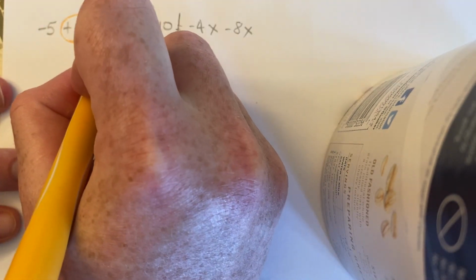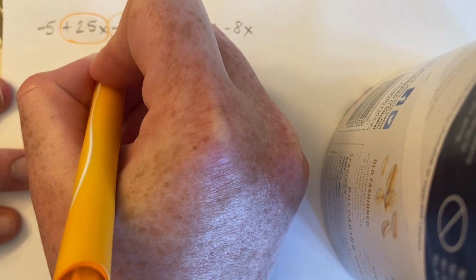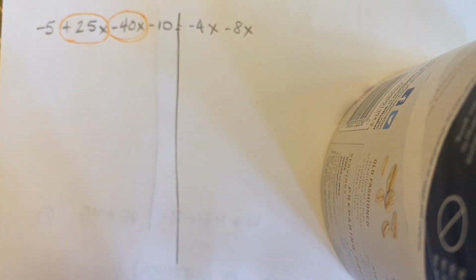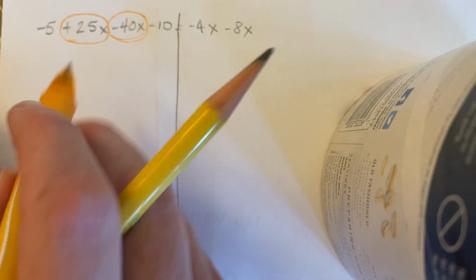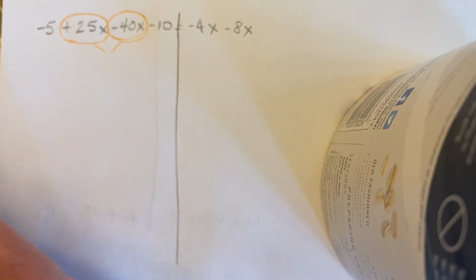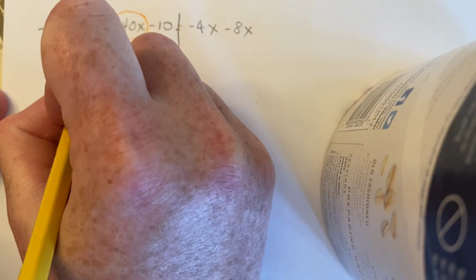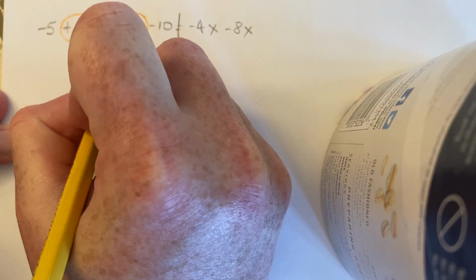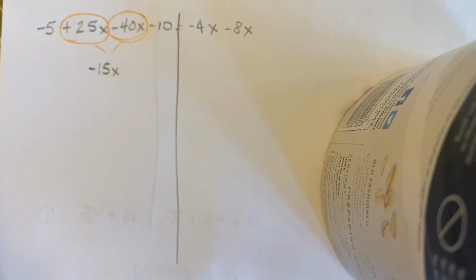And a negative 40x. A positive 25 and a negative 40. When I combine those 2 things, I end up with a negative 15x.